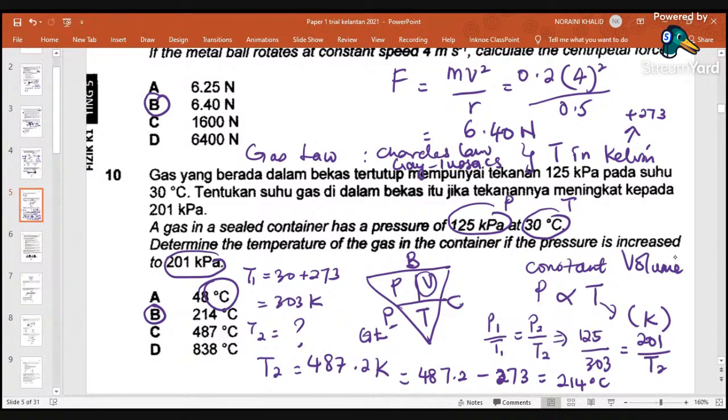Some students get 487 straight away and tick C. So it's wrong already. You had better be careful with the unit. In calculation, you always use Kelvin, because the gas laws are only valid for absolute temperature, temperature in Kelvin, not degrees Celsius.